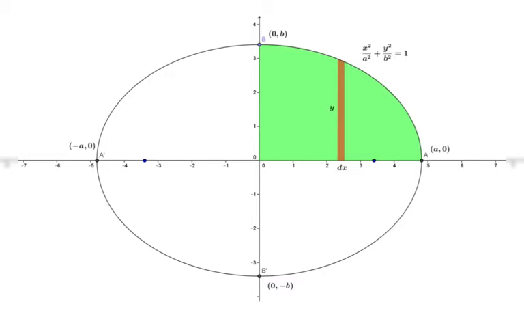I hope you can imagine in your mind that when you make dx very, very small, and very close to 0, then this vertical strip will look exactly like a rectangle. And when you say y into dx, it means the area of a perfect rectangle.